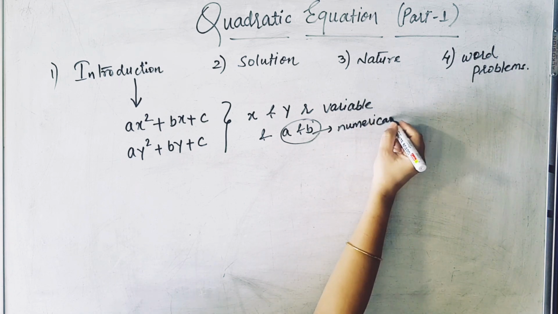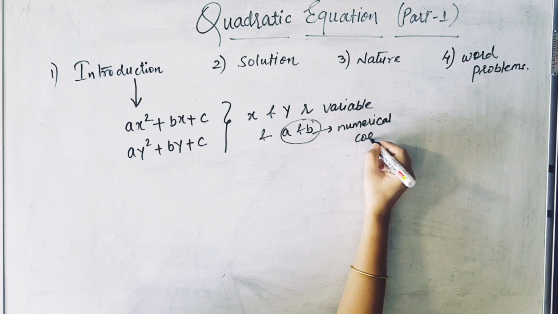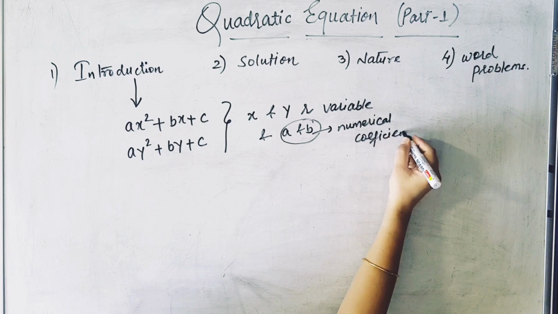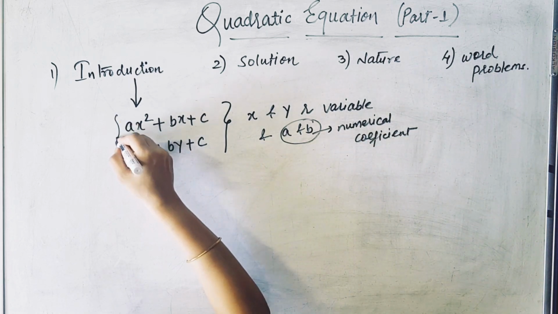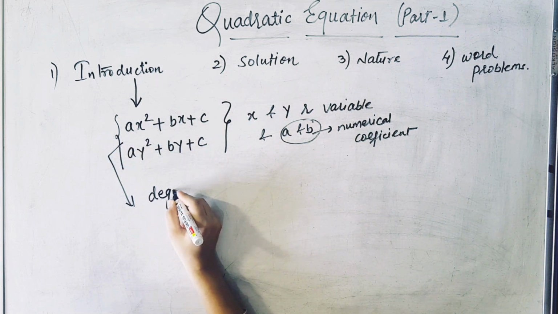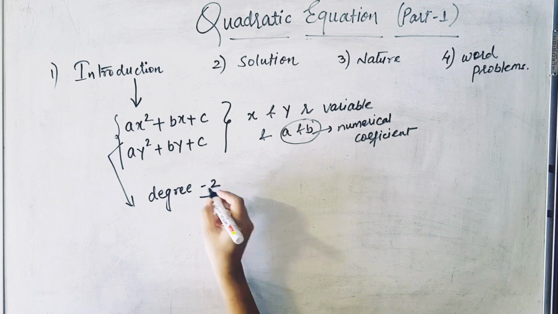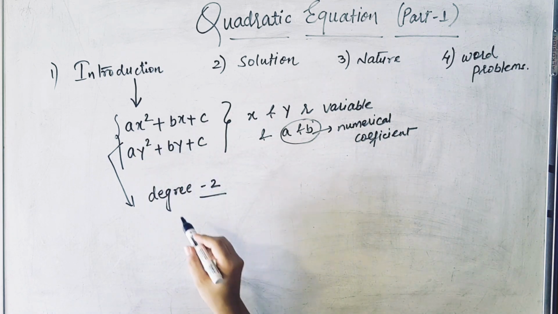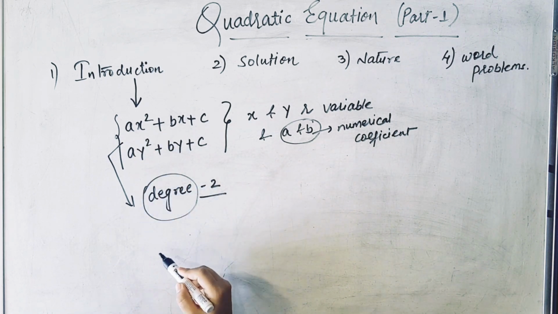It can be in fraction also. Now if I say this is a quadratic equation, in short, the equation whose degree is 2 is known as quadratic equation. Now coming to the point, what is degree?